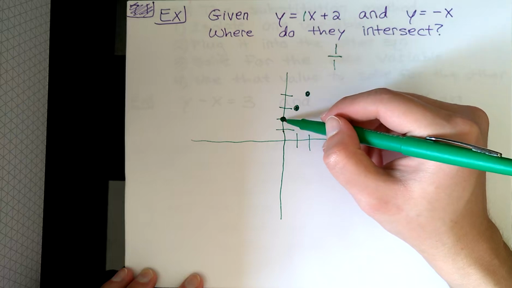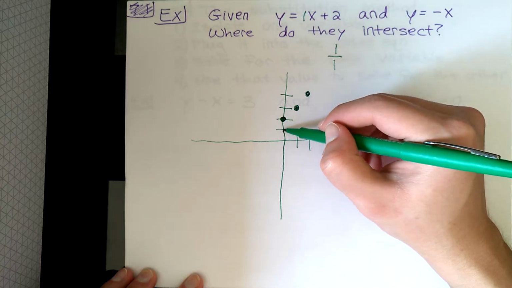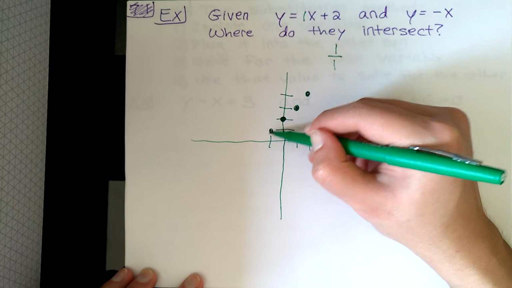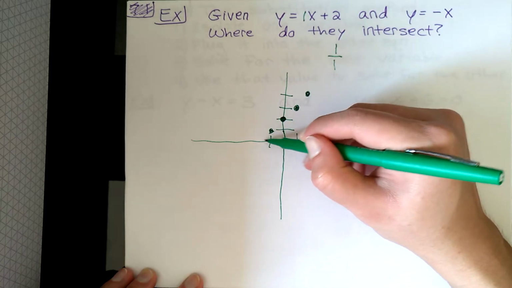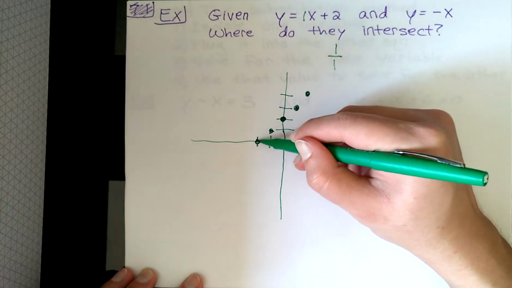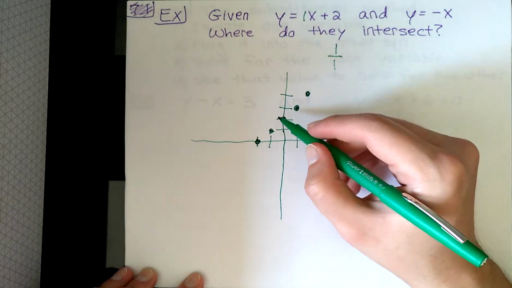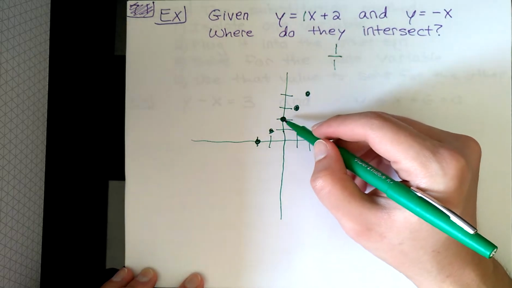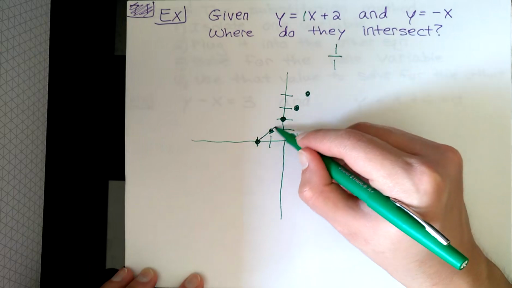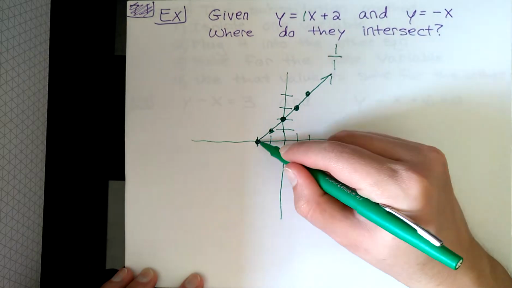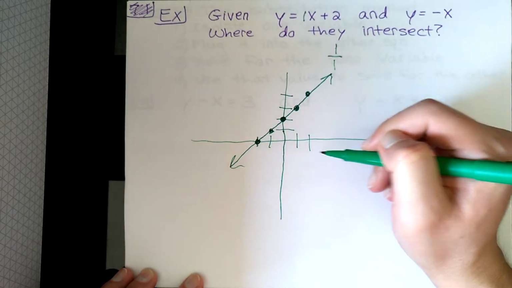And we could also do the exact opposite. Down 1, left 1. Down 1 again, left 1 again. So that's just a quick reminder of how to graph using slope-intercept form, which gives us a first line that looks something like this.